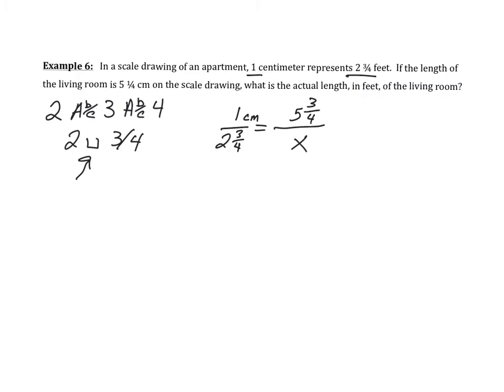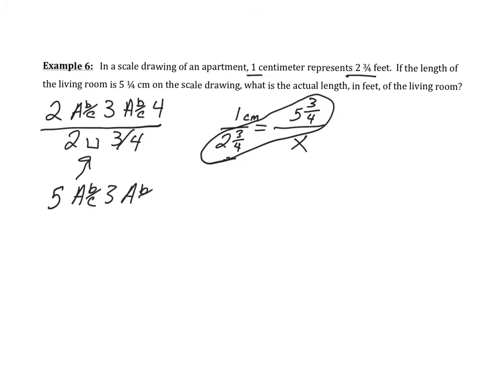And then we're looking for this. Now, when you actually do the calculation, when you're multiplying this times this, you need to use the ABC button, okay? So we would type in 2 ABC 3 ABC 4 times 5 ABC 3 ABC 4. Okay, and then you hit equals, it's going to give you that answer. So I'm going to leave that one for you.